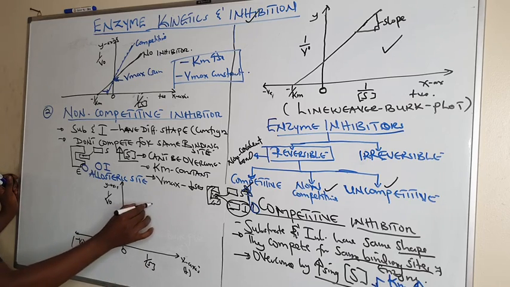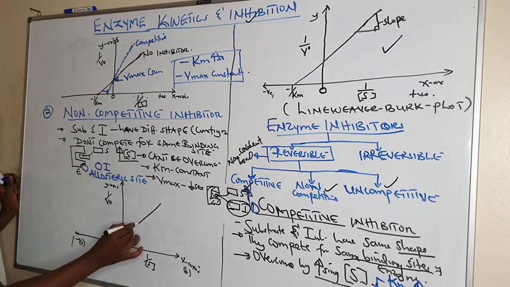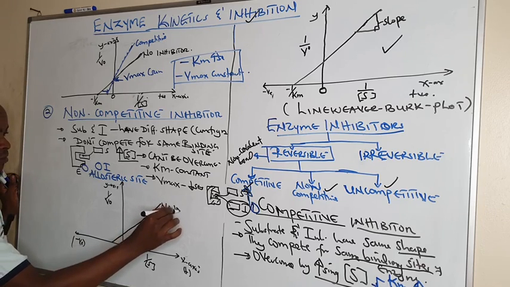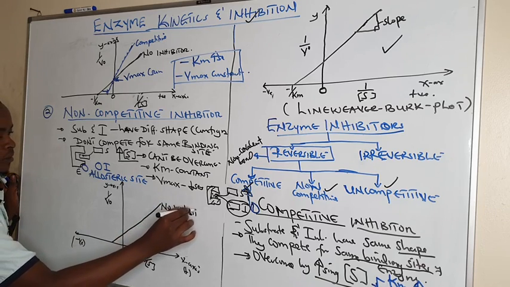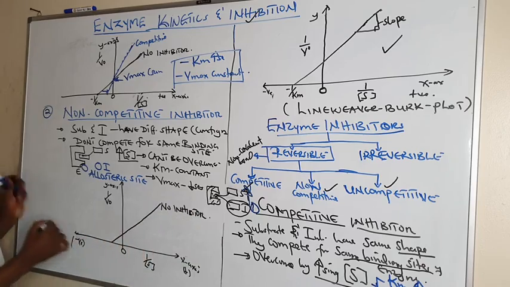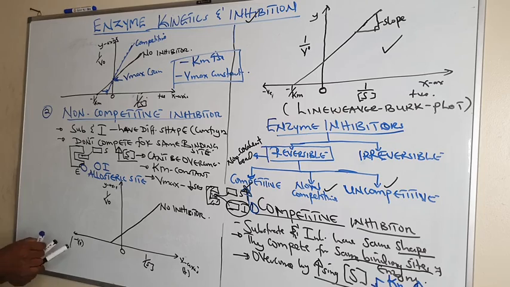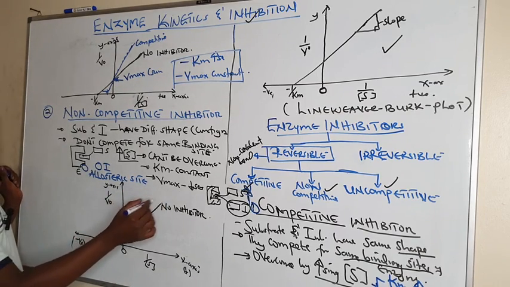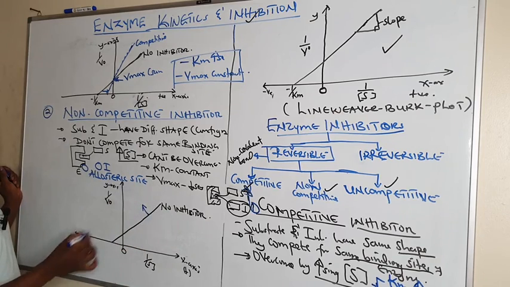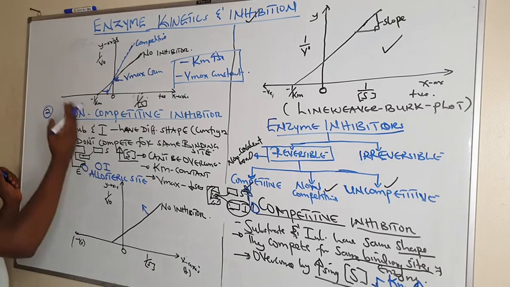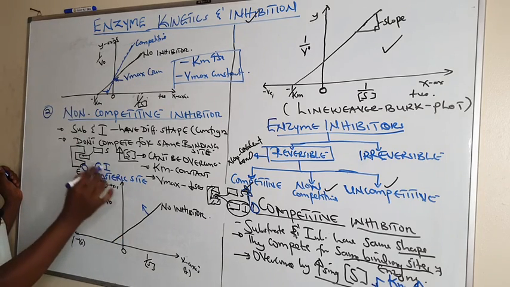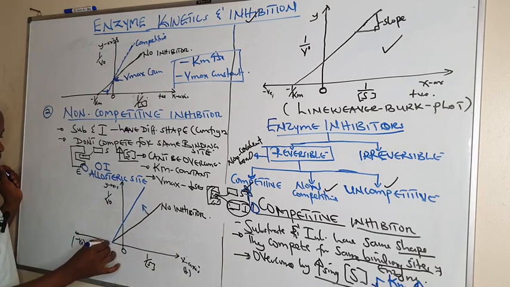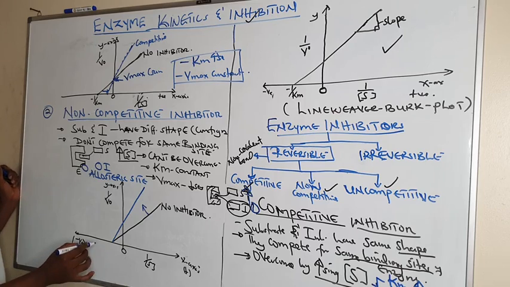And here, this is in the presence of no inhibitor. In the presence of a non-competitive inhibitor, we said Vmax decreases. Because it is a reciprocal plot, you are going up.